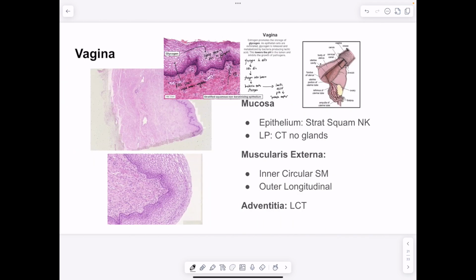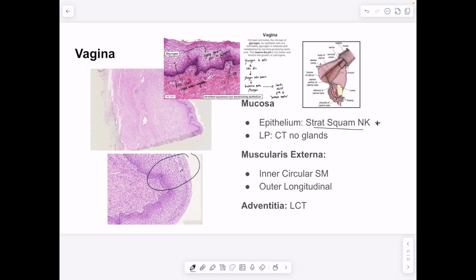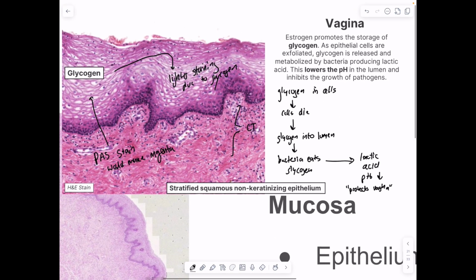All right, then we're in the vagina, and as we said, receptacle for the penis. So stratified squamous, non-keratinized. Interesting thing here, though, is notice how pale staining this is, and sort of vacuated, I think is the word we would use. There are no glands in the lamina propria, but why is it so vacuated looking?